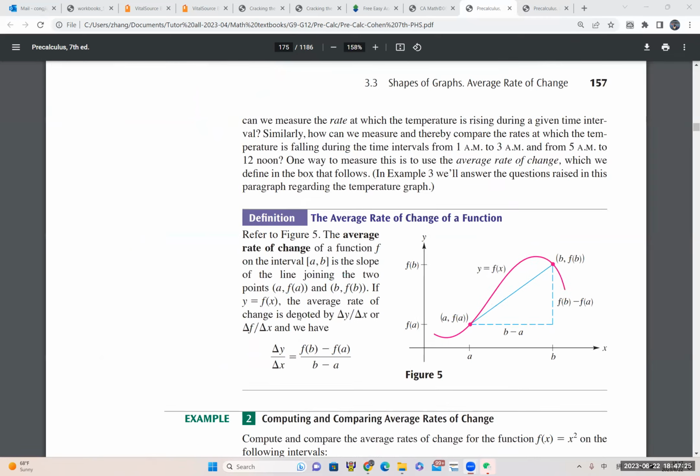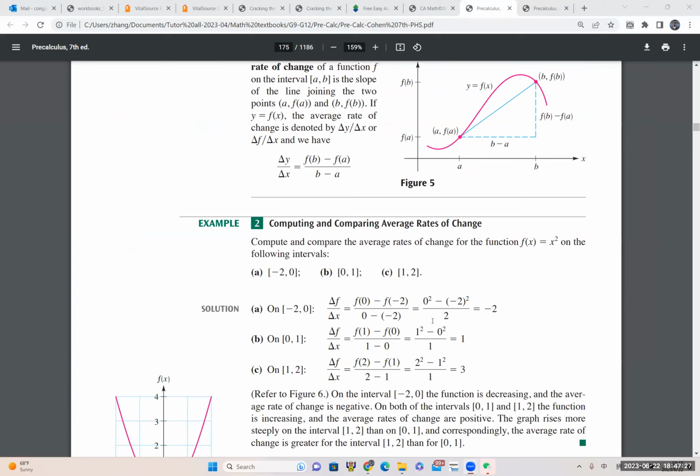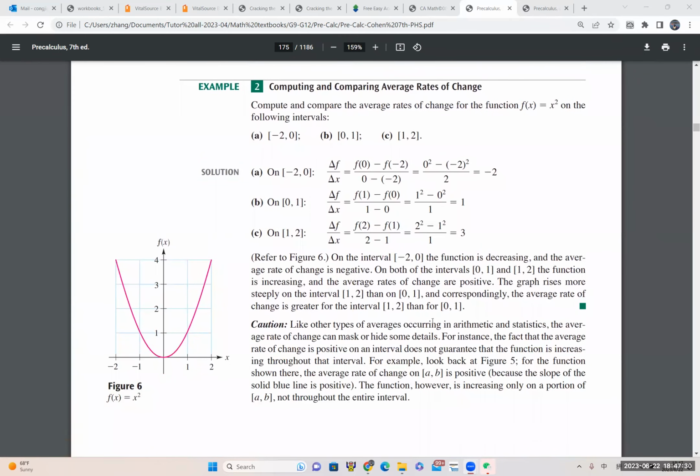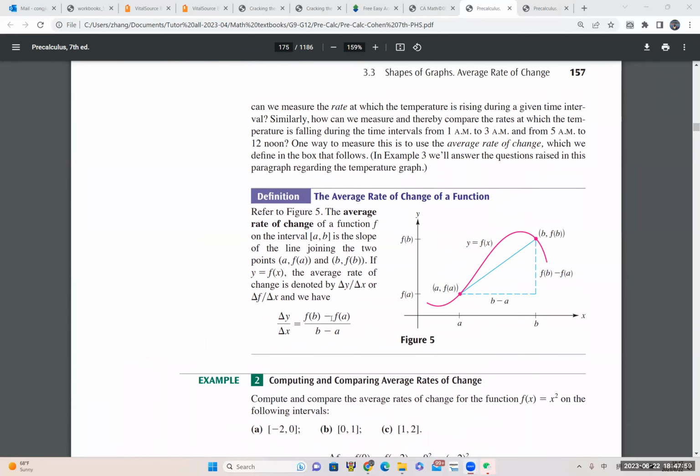Okay. Then how about we just use this. So f of 0 minus f of -2, 0 minus -2, right? Then the function expression is here, so you just find it. Okay, so here is the formula.